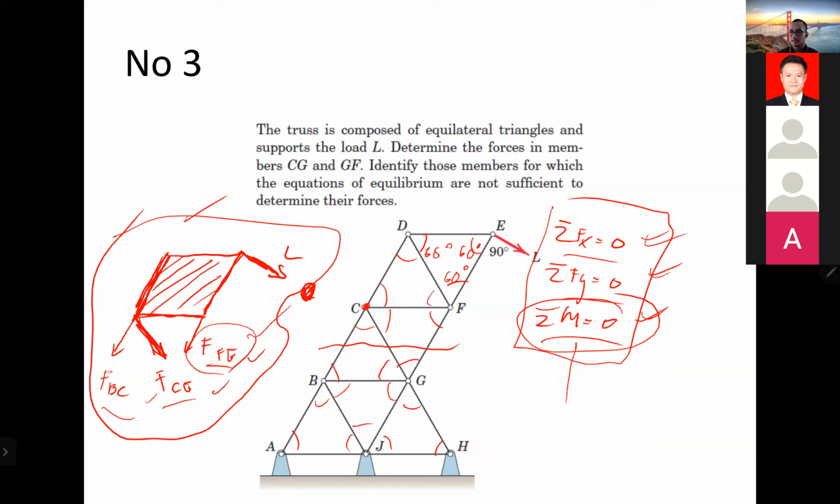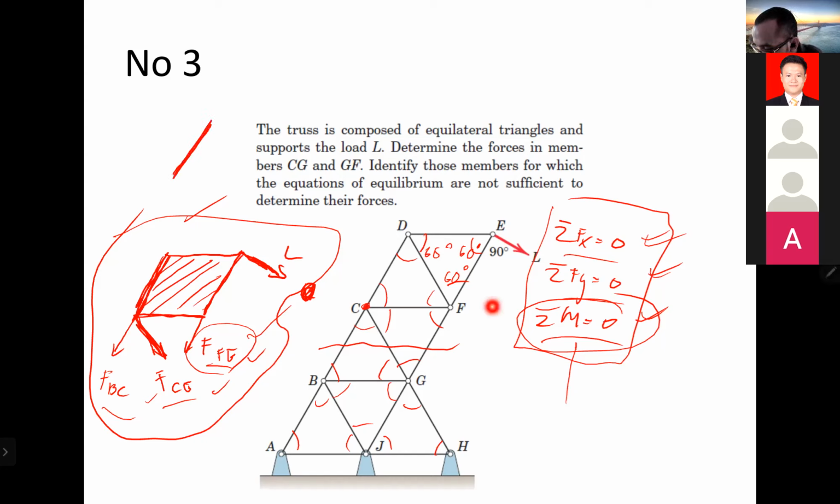Then after that, you can use sigma Fx and sigma Fy. Not together, but one by one, in order to make everything easier. I think the best possible way is to determine a new x and y for you, because later it will be too confusing.